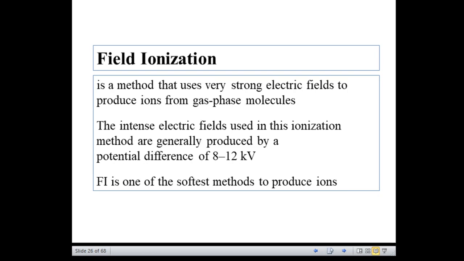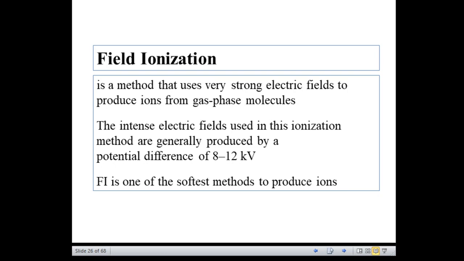So, it is a very simple approach. That means the sample molecules reach the surface of the emitter in the gas phase, and if the field intensity is about 10 to the power of 7 to 10 to the power of 8 volt per centimeter, then one of the electrons from the sample molecule is transferred to the emitter by quantum tunneling, resulting in the formation of a radical cation.